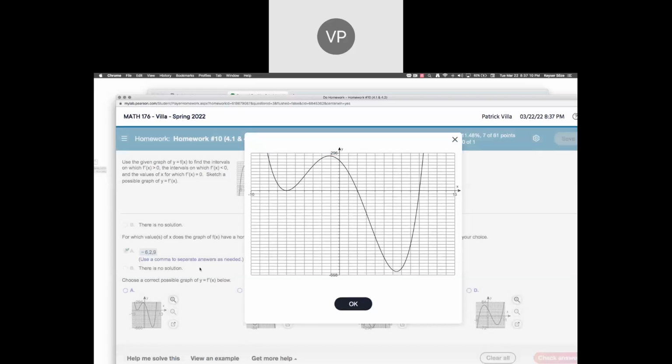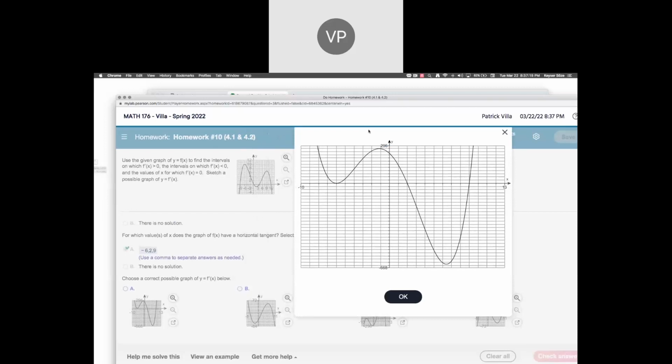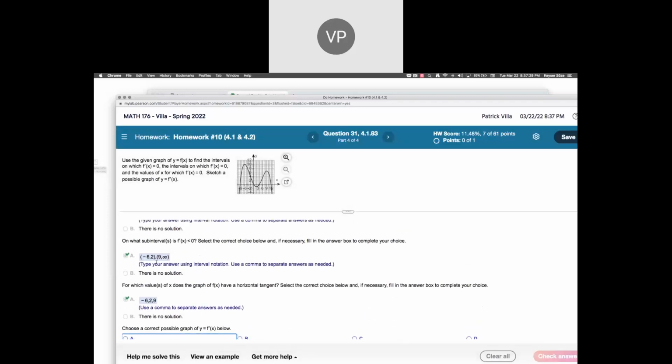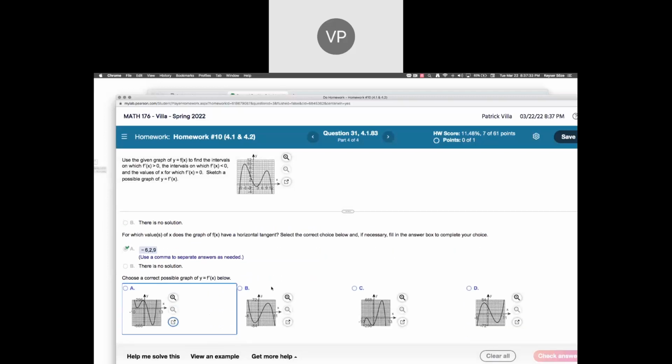And then between, where were we at here? 2 and 9, it should also be above, and notice it was below. This means it's a negative number. We are not in the negatives between 2 and 9. It's got to be something above the axis.